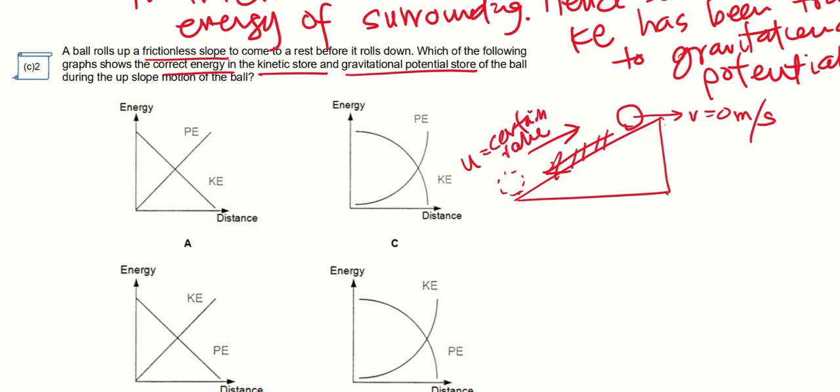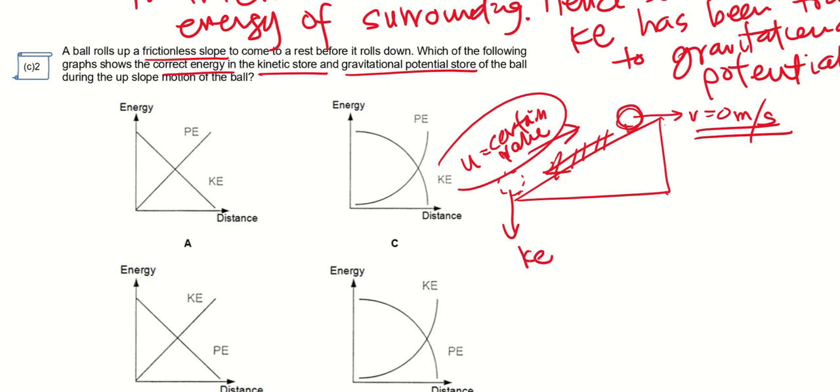Imagine you are at the bottom of a slope and want to push this ball up. You need to push with a certain force, and the ball will move with a certain initial velocity. Then when it rolls up the slope, the final velocity becomes 0 before it rolls down.